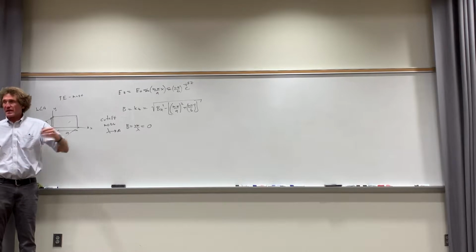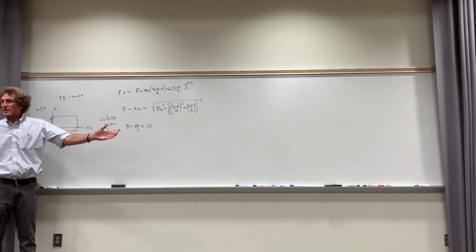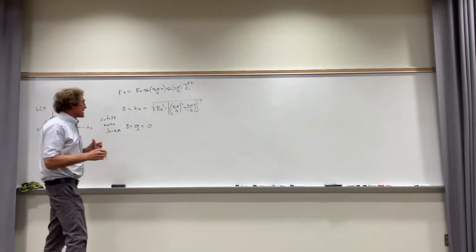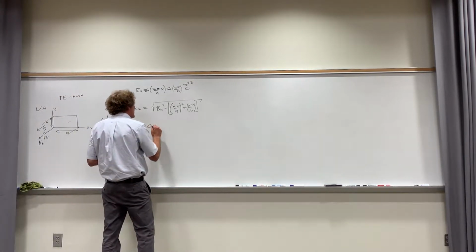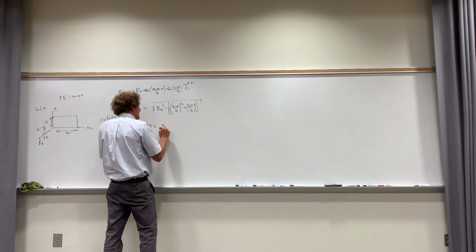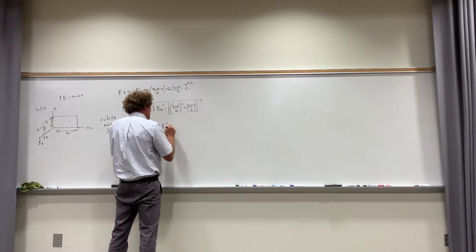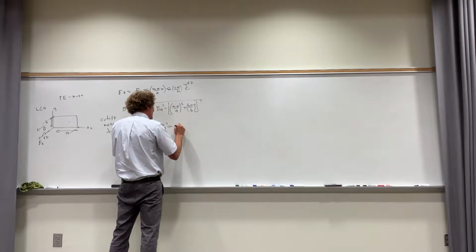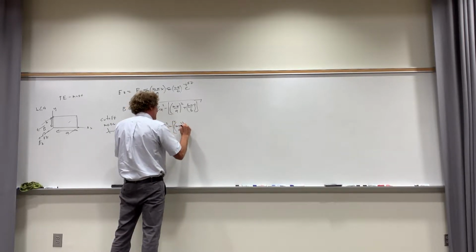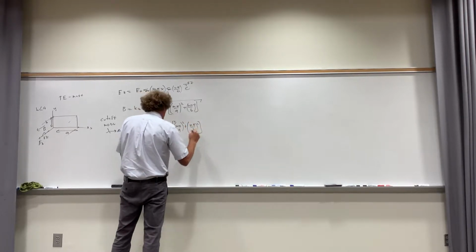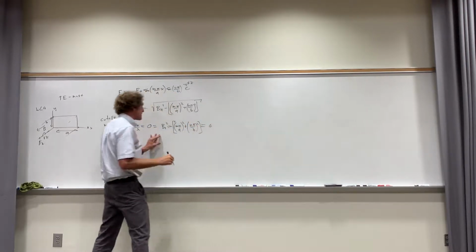The wavelength in the guide is infinite, literally nothing's propagating, it's just bouncing up and down in the guide. And at that point, now I can say that beta unguided squared minus (m pi over a) squared plus (n pi over b) squared equals 0.